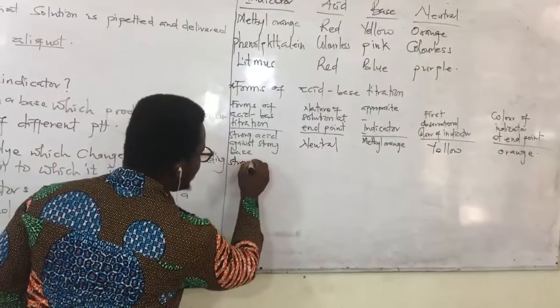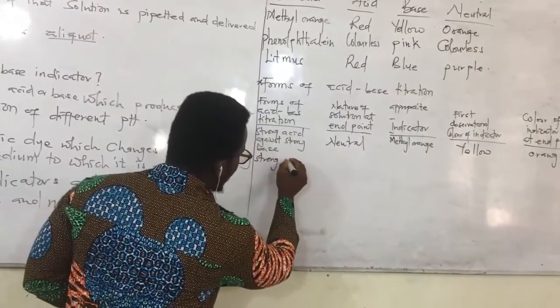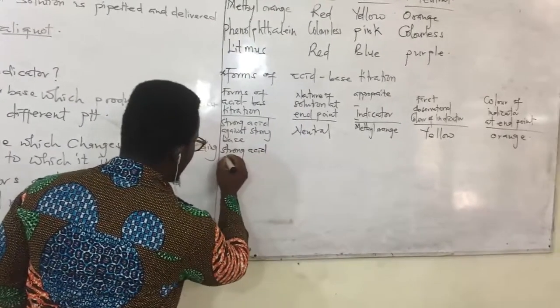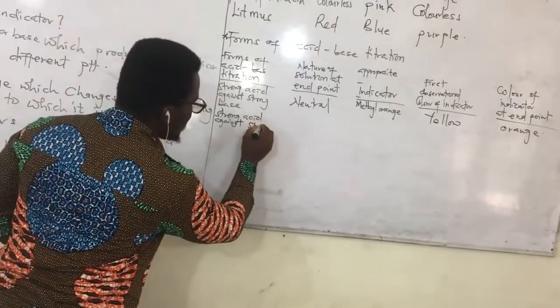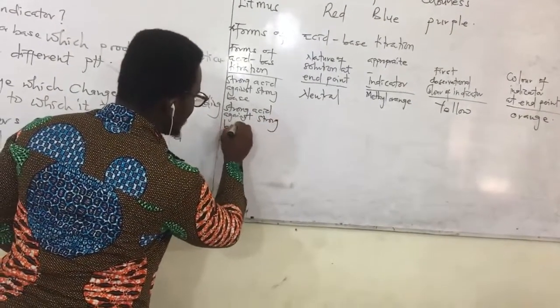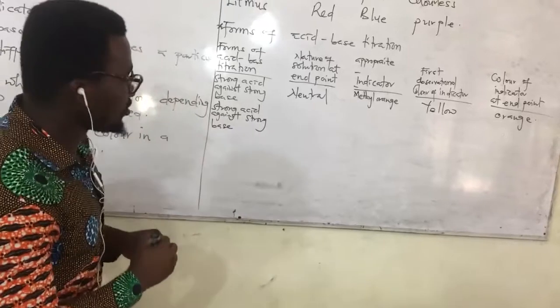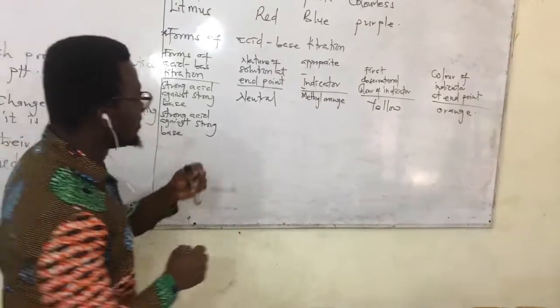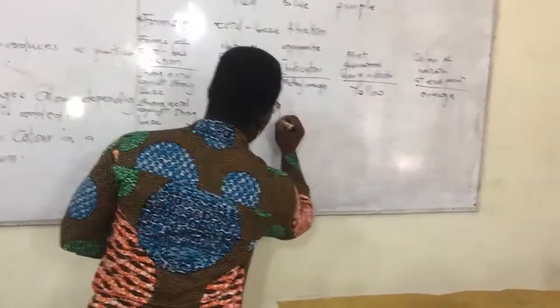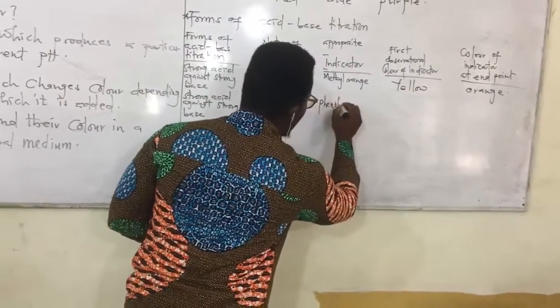Now let's look at strong acid against strong base. Once again, the appropriate indicator will be phenolphthalein.